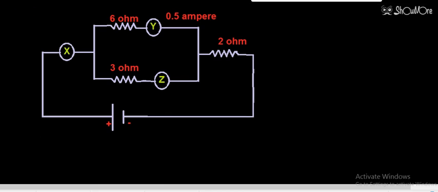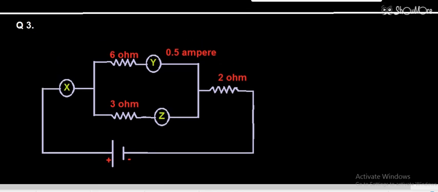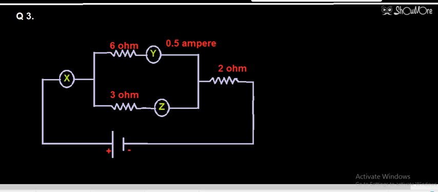In question number 3, the examiner is asking about the name of device X, the name of device Y, and the name of device Z, and he has asked what is the voltage of this battery.